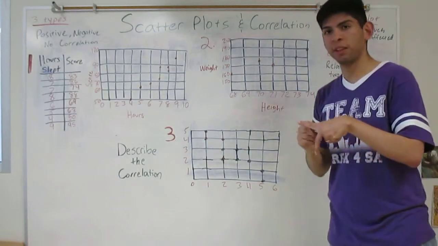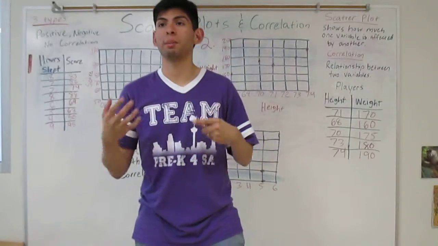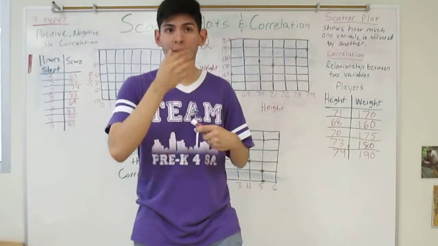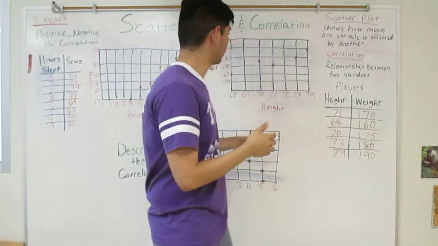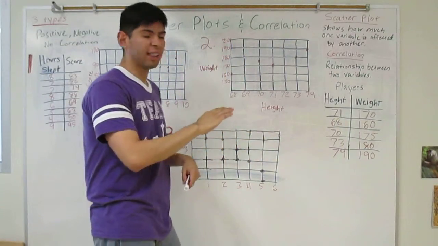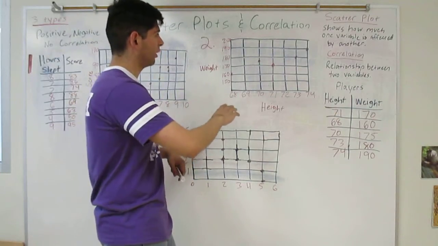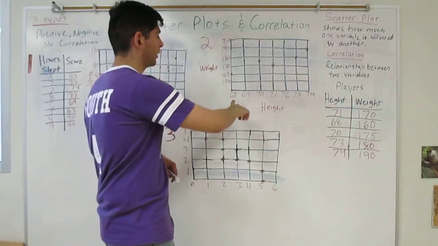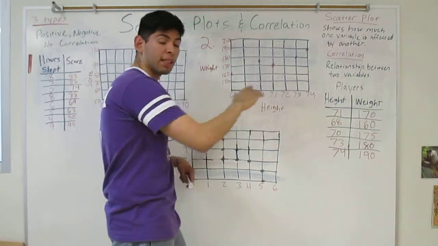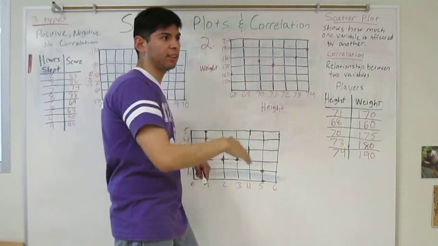Okay, so once we do that, if you're still having problems with how to plot data points, please let me know. We can go over it. Now on this one, we can see that it has a slight positive correlation with these variables because the taller the basketball players are, the more they tend to weigh.